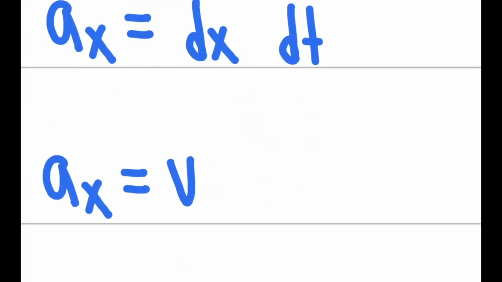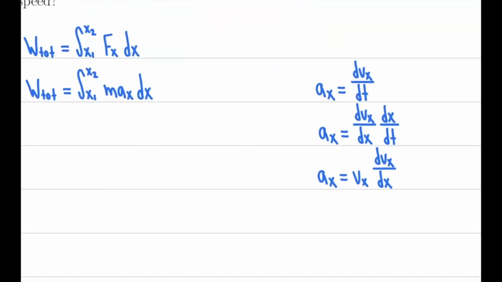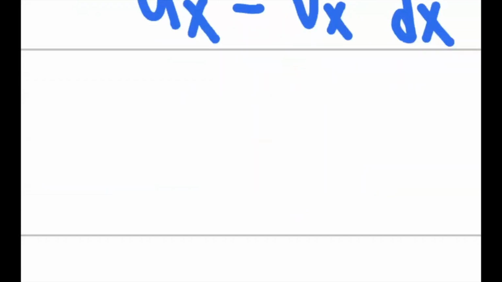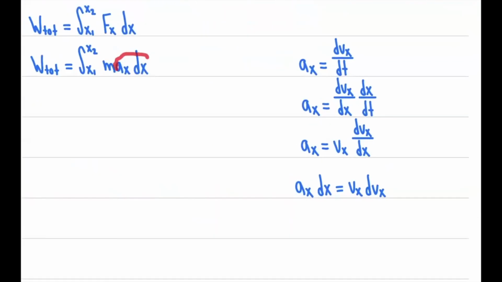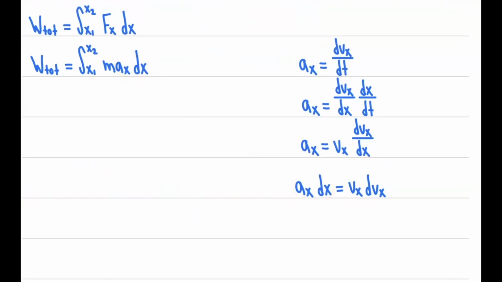Absolutely. So this is just v sub x, times this derivative right here, dv/dx. All right, so what I can do right now is I'm going to be very physicsy and multiply both sides by dx. And we have a_x dx right here, so I can just replace it with v_x dv_x.